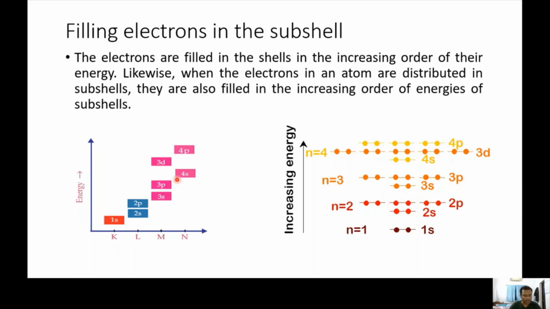Another thing that should be noted is that 4s has less energy compared to 3d. So in the electronic structure, we can see that 4s will be filled before 3d. In this graph, we can see the increasing energy from n equal to 1 to 4.